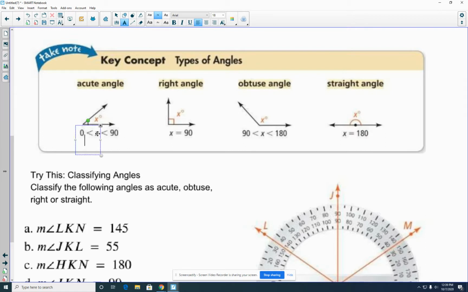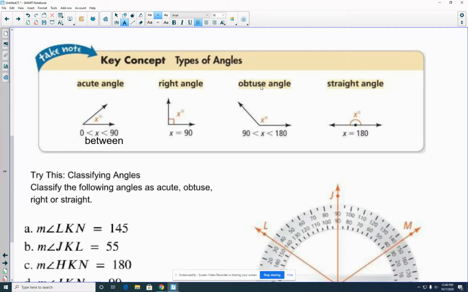So this says that x, the angle, is greater than 0, but less than 90. So it's really between 0 and 90. That means it can't be 0 and it can't be 90. I think of acute angles as like little baby angles. They're pretty cute. A right angle, I like to think of as the perfect angle. That's shown by having a box right here. A right angle is exactly 90 degrees.